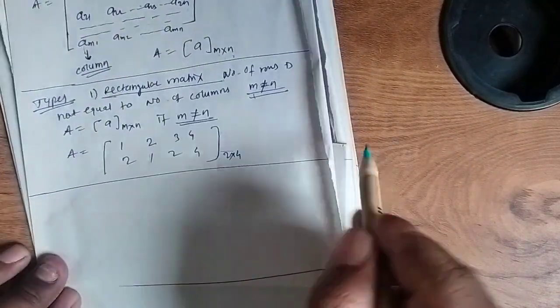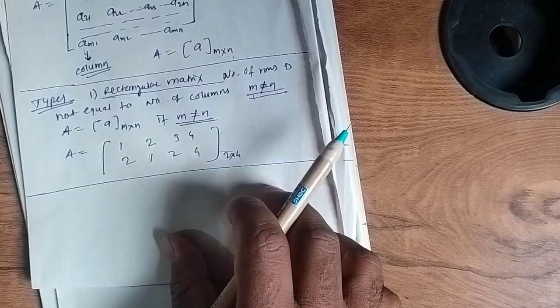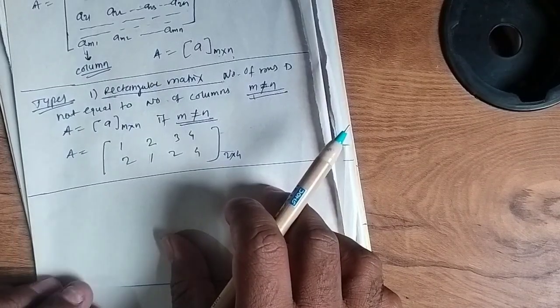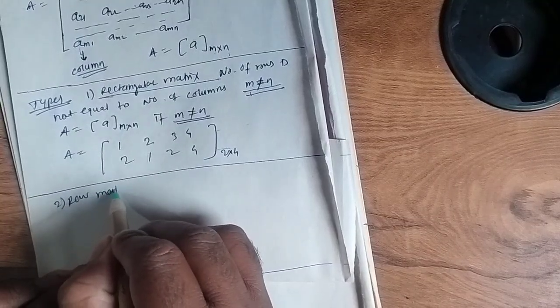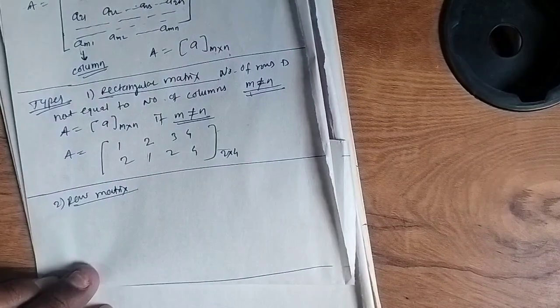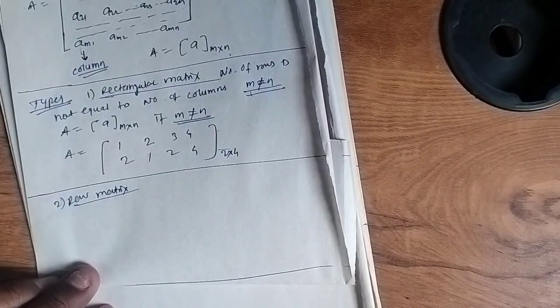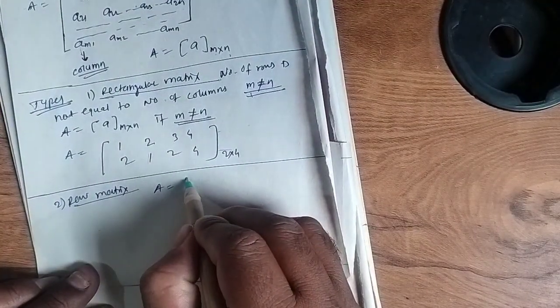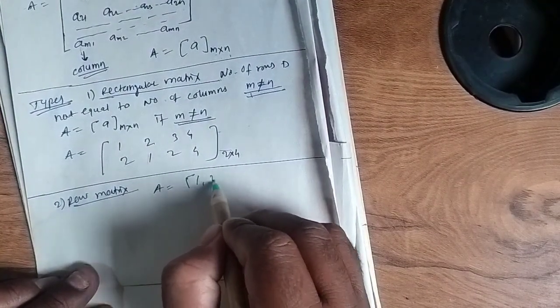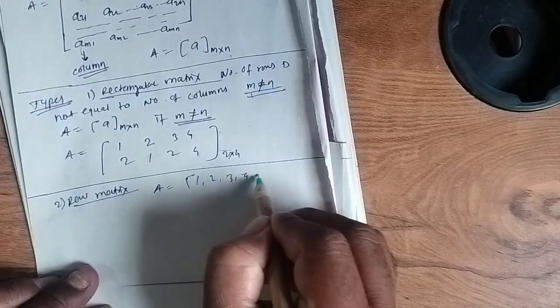Another type is the row matrix. As the name indicates, it contains only one row, no more. A is equal to 1, 2, 3, 4 up to n.